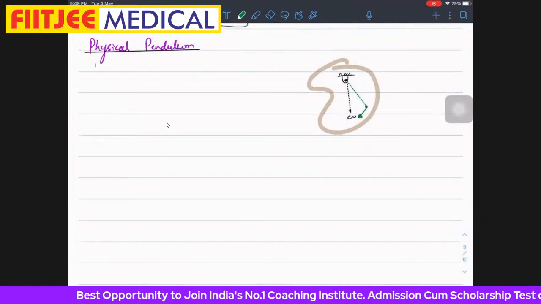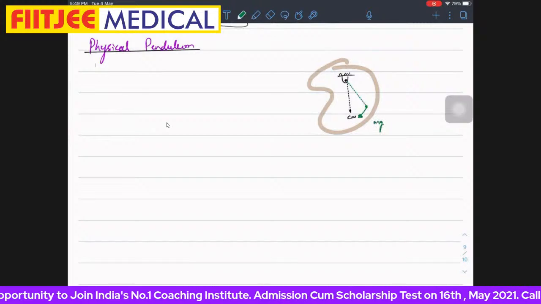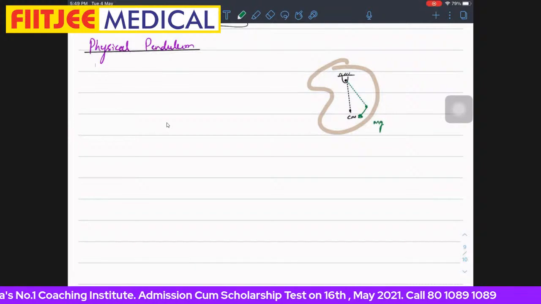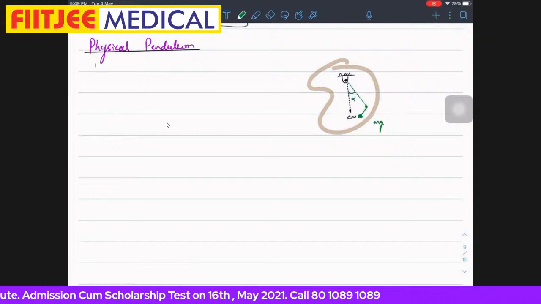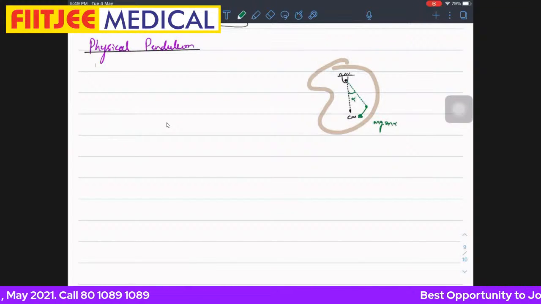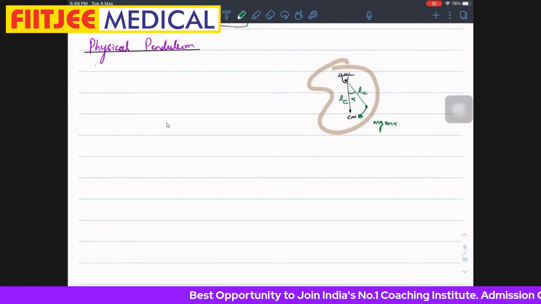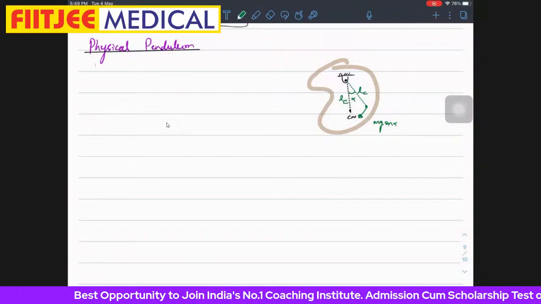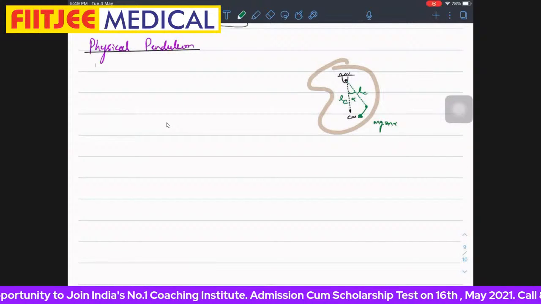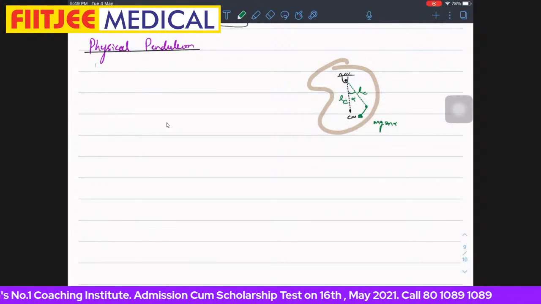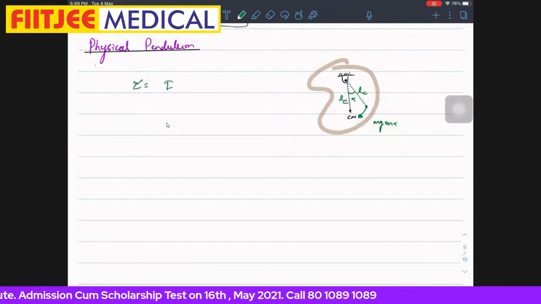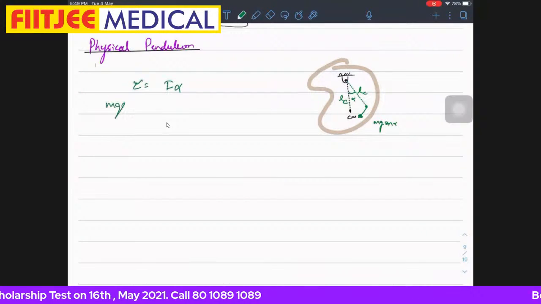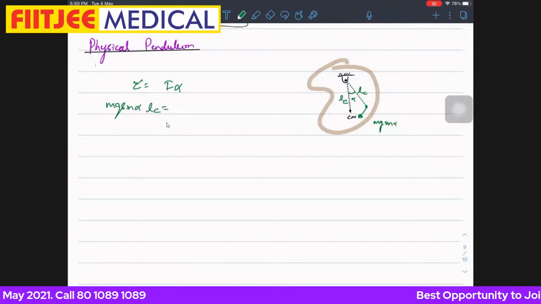So again, the same idea. The restoring torque comes from mg sin alpha. Now here we define this distance LC. What is LC? LC is the distance of the center of mass from the point of hanging, where the body is hung. So here we can write the torque equals I alpha. I can write mg sin alpha into LC equals I alpha.